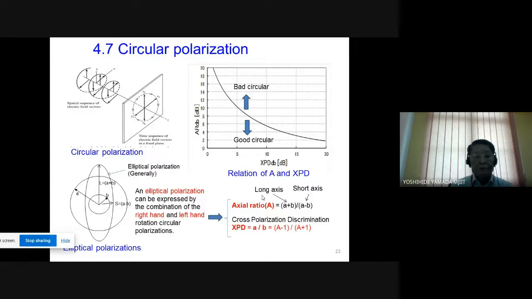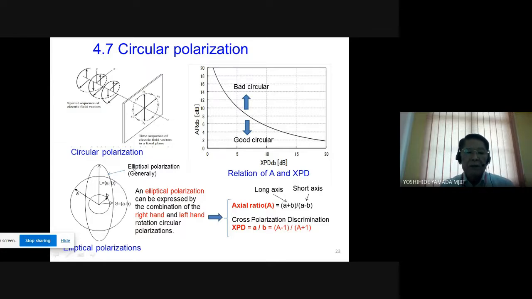So, circular polarization next. This is the final of the antenna characteristics. Circular polarization is rotating in the direction of propagation. So the polarization is rotating like this one. Generally, this circular polarization is a very special case.